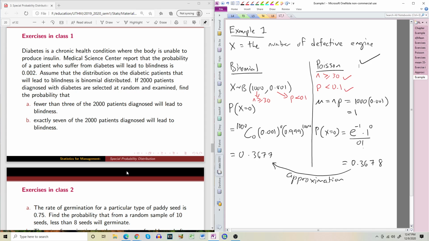If you see in the tutorial, the exam will clearly tell you by using Poisson distribution, then you use this method, Poisson.